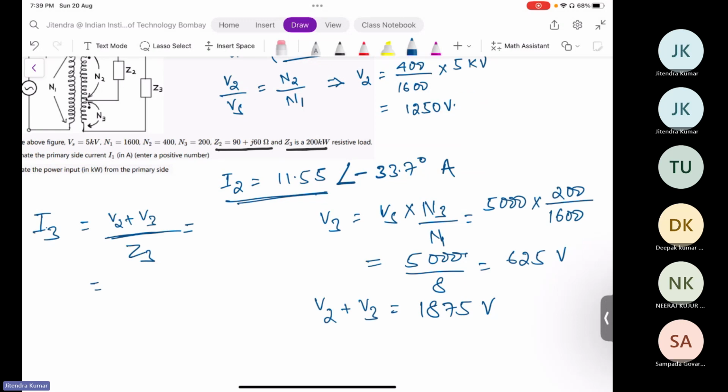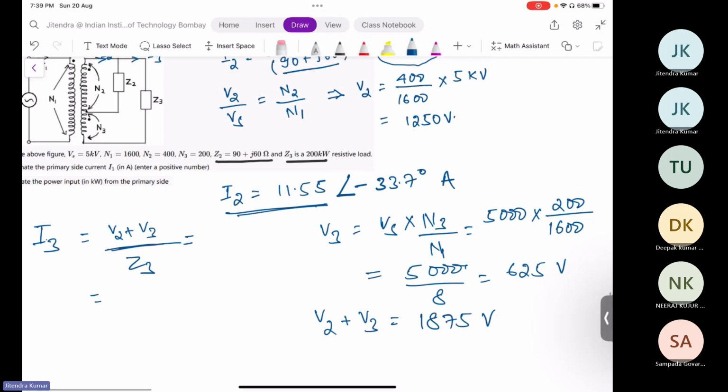And Z3 is nothing but... Sir, just we will do 200 kVA divided by this voltage, 1875.